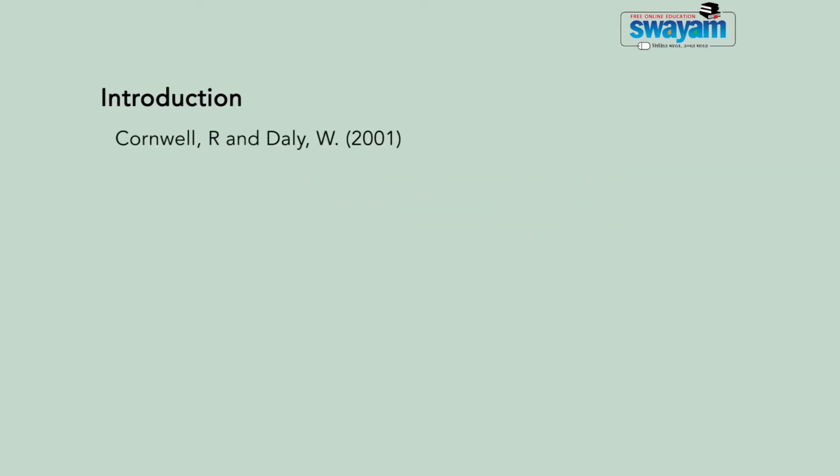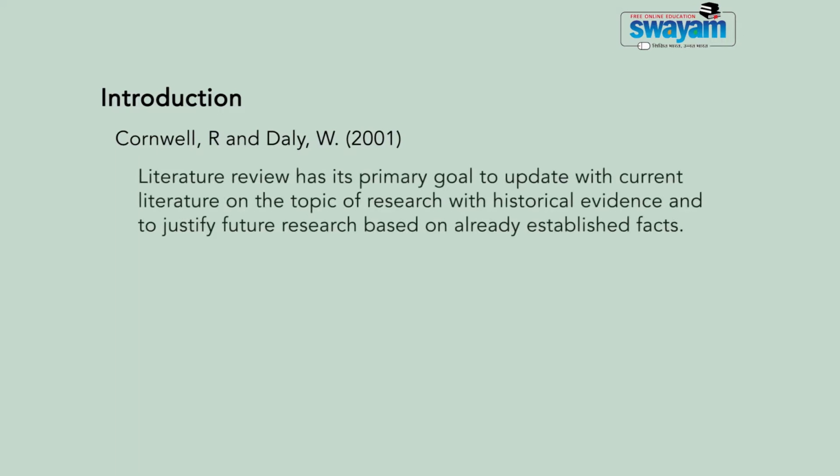Another thinker, Cornwell and Daly, explain that literature review has as its primary goal to update with current literature on the topic of research with historical evidence and to justify the future based on already established facts.